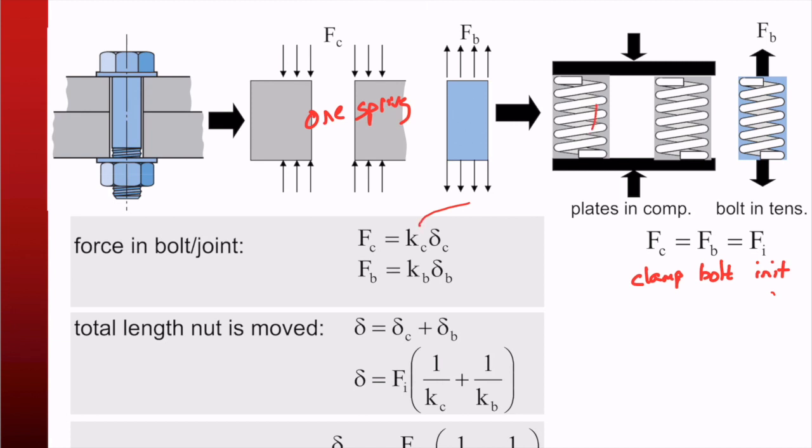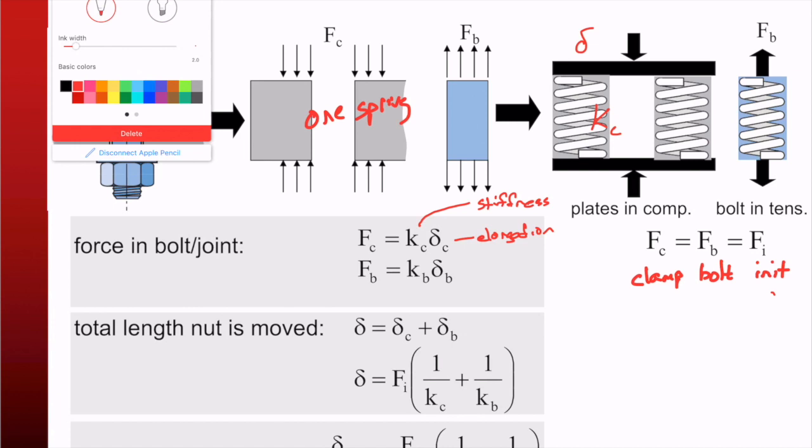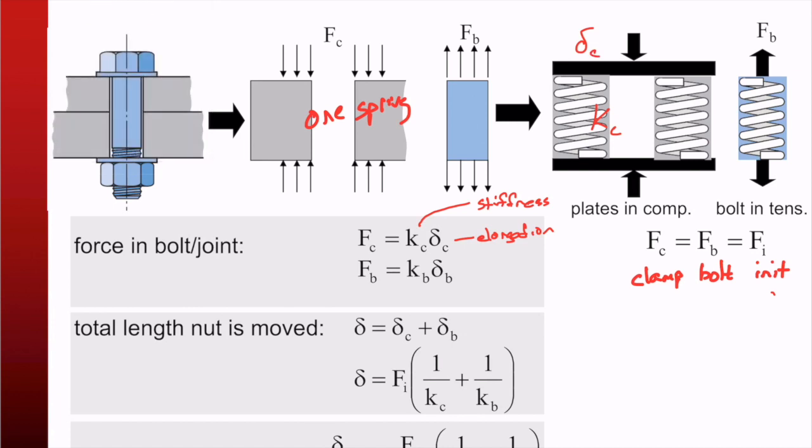So this has some Kc over here, so that's stiffness times the elongation, right? So whatever the elongation is, this is delta C, right? How much do I squish that thing? And then this is delta bolt for how much does that stretch, right? But I know those two have to be equal because it's in static equilibrium.